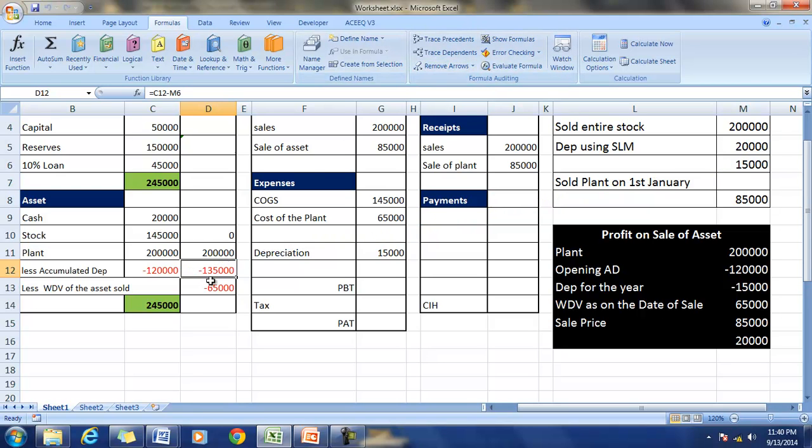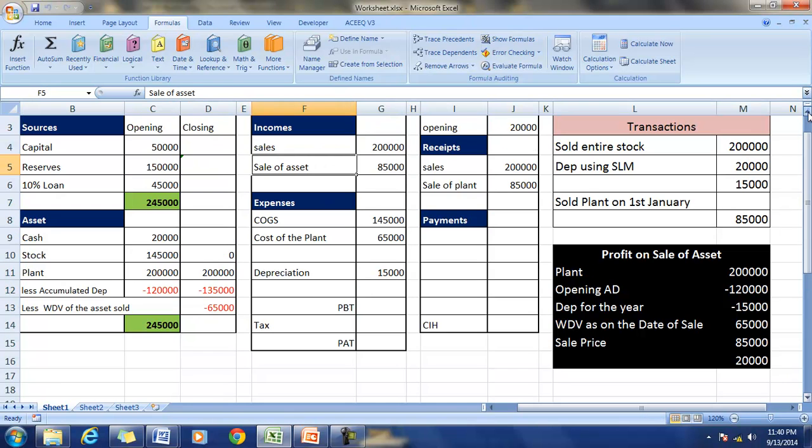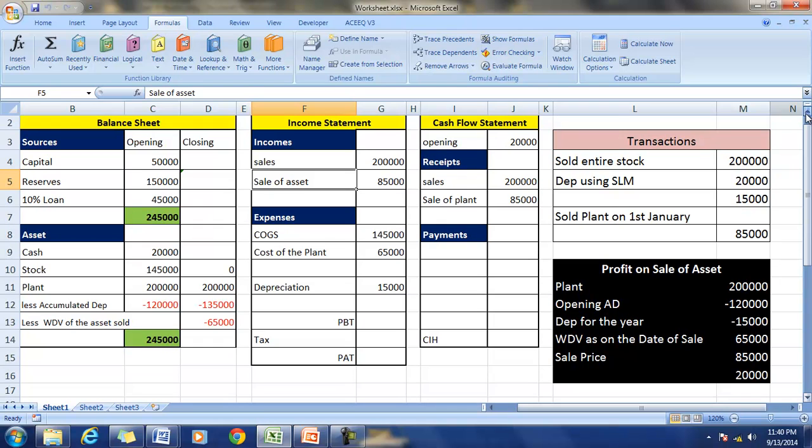And the WDV as on the date the asset is sold, therefore, to that extent, the value of the asset has become 0. You can see that it has become 0. So the sale of the asset is shown in the income statement with the corresponding cost of the asset. There are different ways of showing that too, which we'll see later.